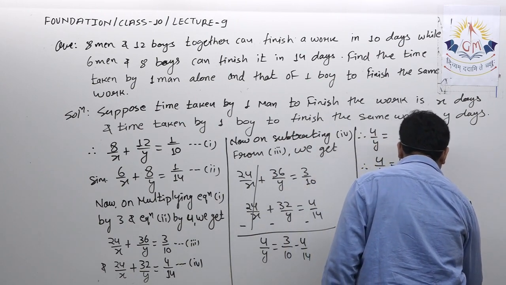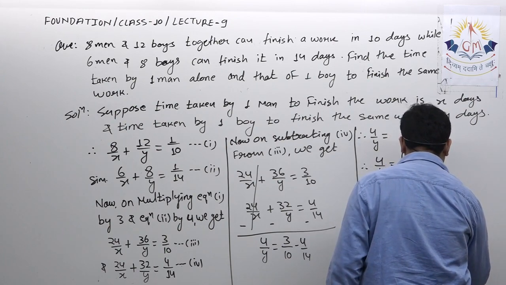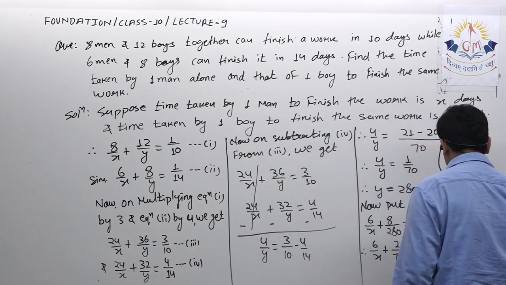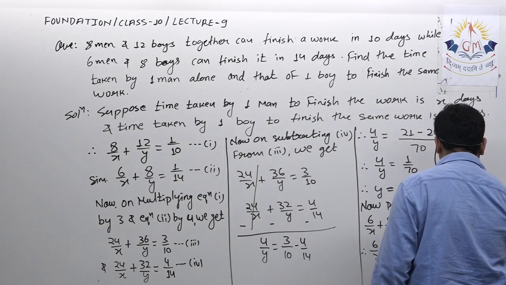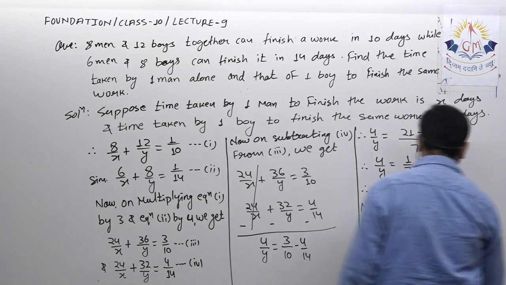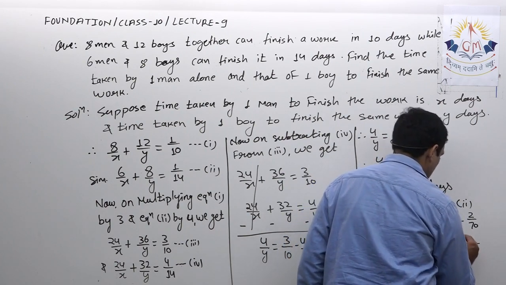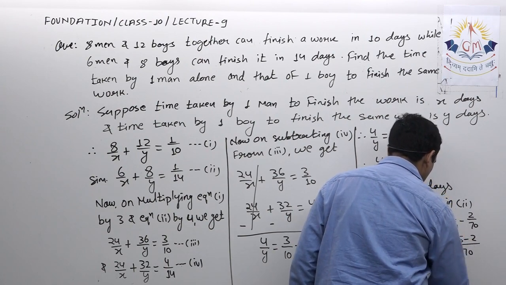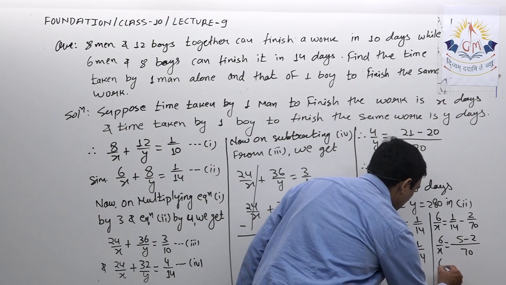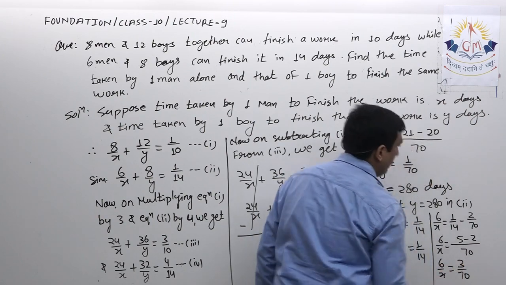Okay, so further I am solving over here. This is 6 upon x is equal to 1 upon 14 minus 2 upon 70. So here the LCM will be again 70, 5 minus 2, so 6 upon x is equal to 3 upon 70.